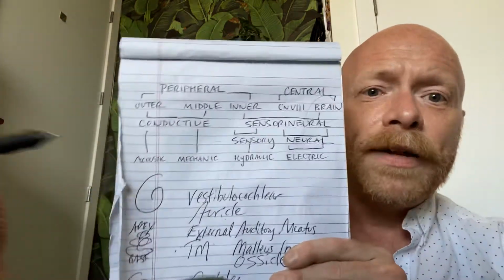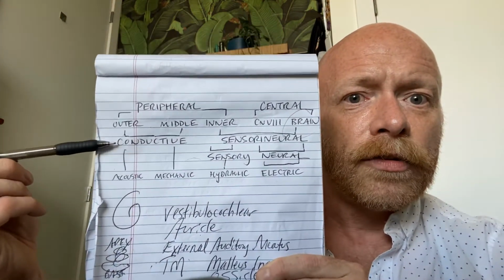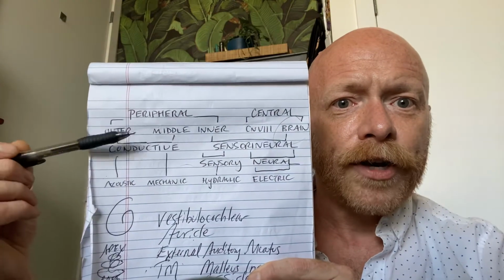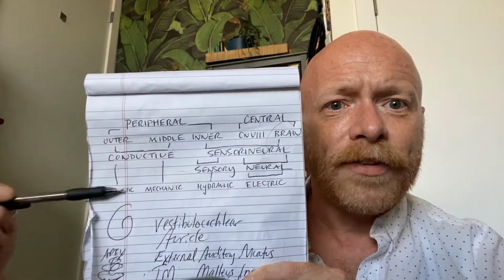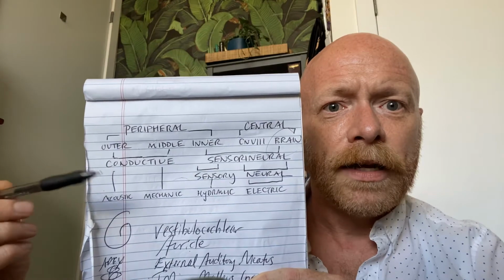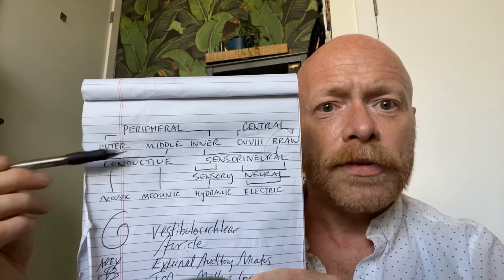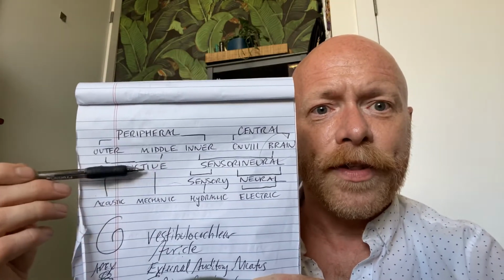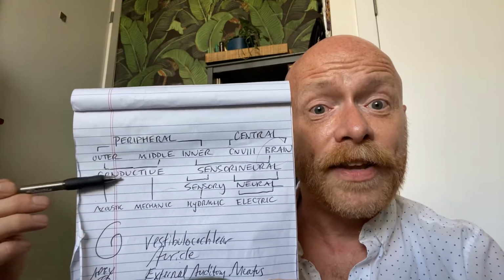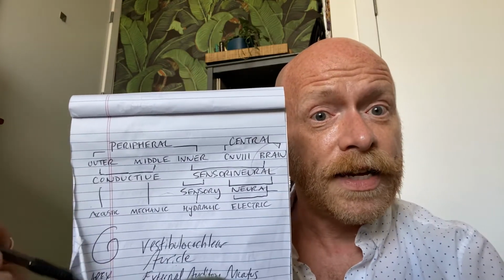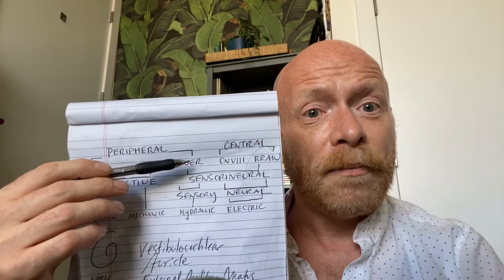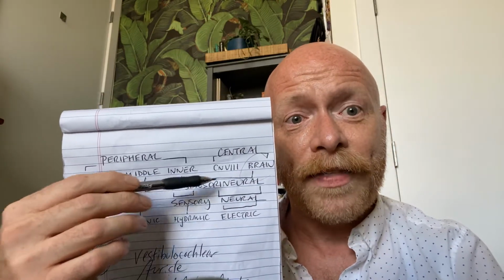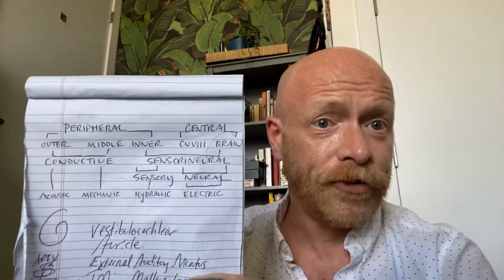Now, we need to jump down to the other organizational terms that I have here. You can see that I did my best to line them up, but we can also think about the peripheral auditory system having an aspect of it that is conductive in nature, and then part of the peripheral auditory system, and all of the central auditory system is sensorineural in nature, okay?